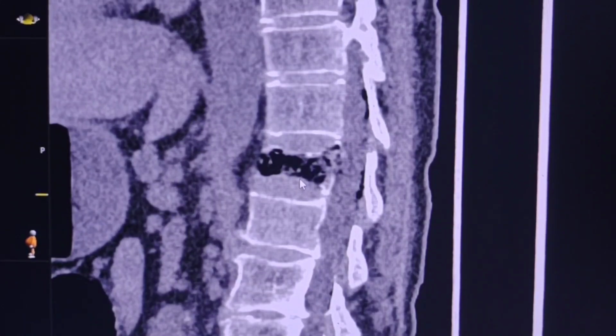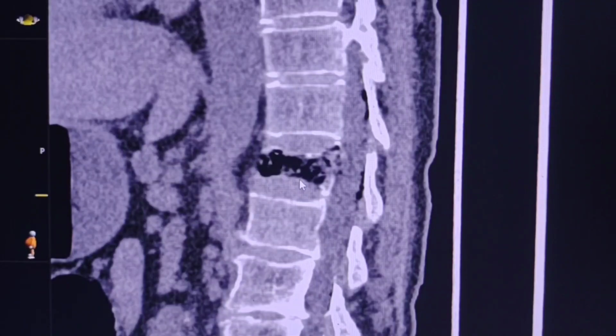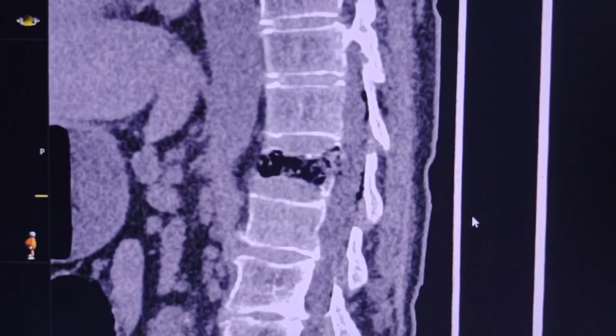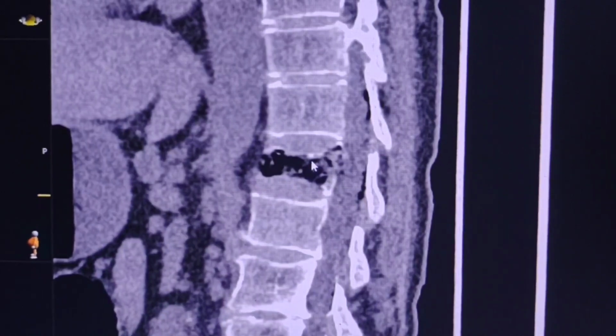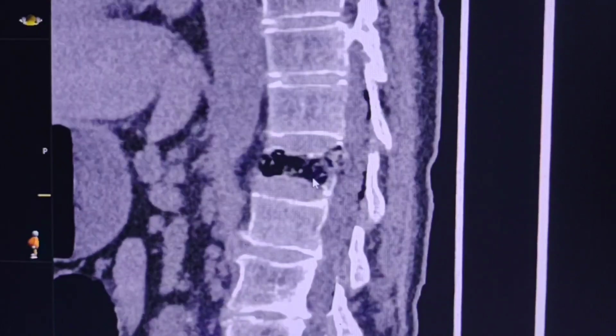The mean age of presentation is 51 years, and the most common predisposing risk factors are acquired immunodeficiency conditions, diabetes, corticosteroid therapy, hematological diseases, malignancies, HIV infection, and alcohol abuse.